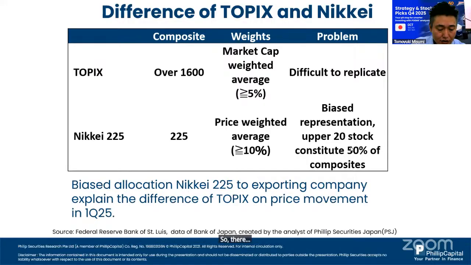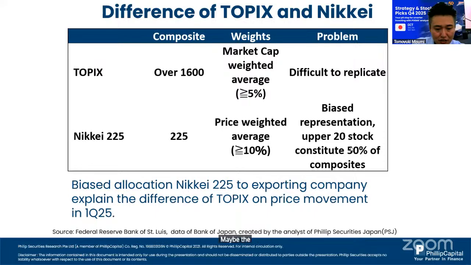So the bubble was created by corporate transactional stocks. It's similar to the current US semiconductor industries. So I think the corporate action is going to be fair in this trend.